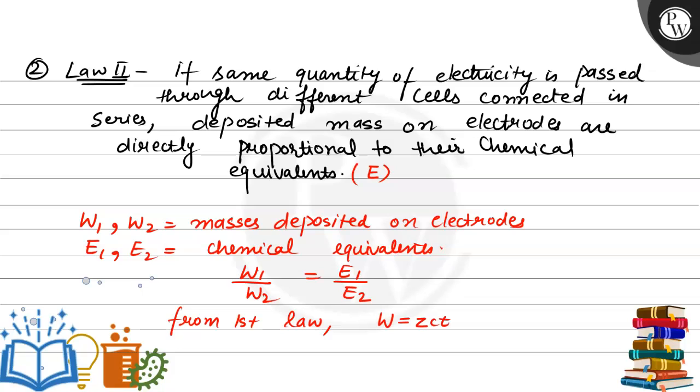So if the two chemical equivalents are equal, that is the weight of one is equal to the chemical equivalent. So according to the first law W is equal to ZCT. So here we can replace this W by E, because here we saw that the mass deposited is equal to the chemical equivalent. So therefore this equation becomes E, replacing W, and it is directly proportional to Z. Okay, so when the same current is passed through different electrolytes, the electrochemical equivalent is directly proportional to the chemical equivalent weights.